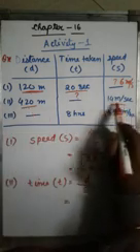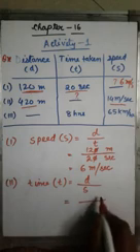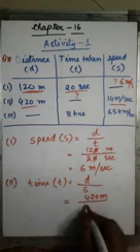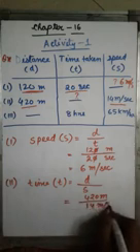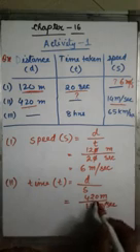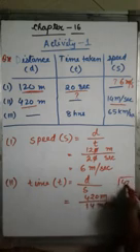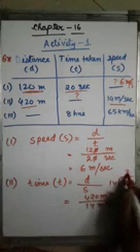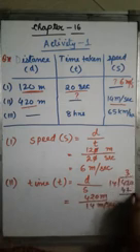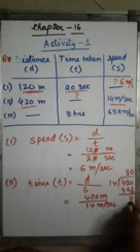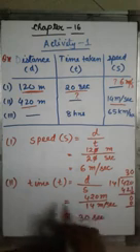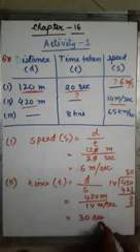Distance is 420 meter. Speed is 14 meter per second. If we divide 420 by 14, it is 3 times. 14 into 3 is 42. 0 will come down. In 0 it is 0 times divisible. So it is equal to 30 second. Unit of time is second. So you have to write second.